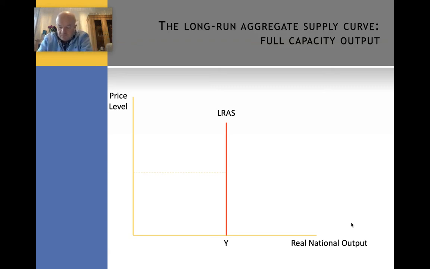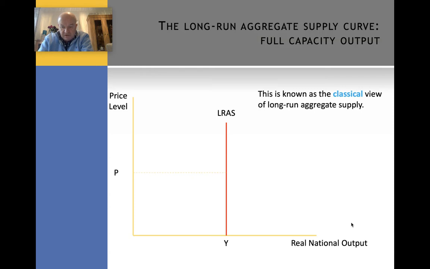So the view is that in this case, if we've got the long run aggregate supply curve at full capacity, this is basically the way we would draw that in. It's basically a vertical line. Long run aggregate supply, and this is very much the classical view, is a vertical line.